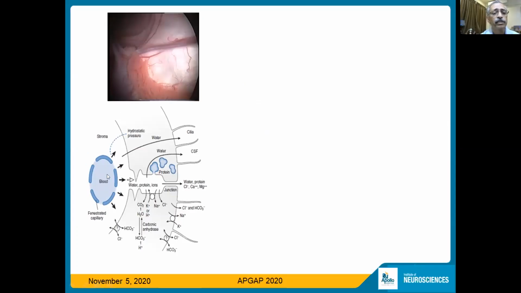They are fenestrated, and most of the proteins and solutes enter the choroid stroma, and from there the CSF endothelium has a tight junction. There it controls the flow of proteins and ions into the CSF space. This is one of the reasons why the CSF is not just an ultrafiltrate of the plasma.